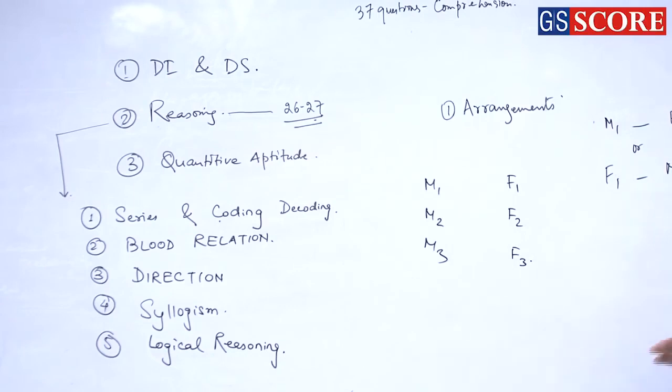If they say there is a gap of at least 1 seat between M1 and F1, what does that mean? It means it may be more than 1. At least 1 seat means M1 F1, M1 dot dot F1, M1 dot dot dot F1, and there will be 4.